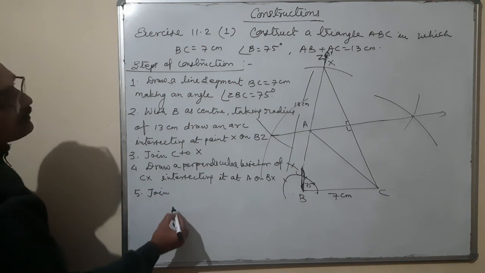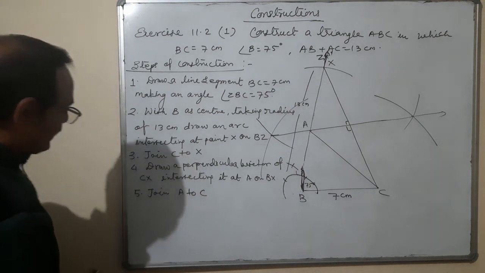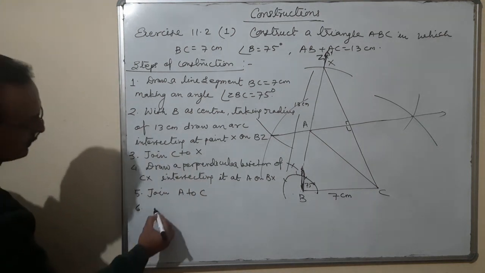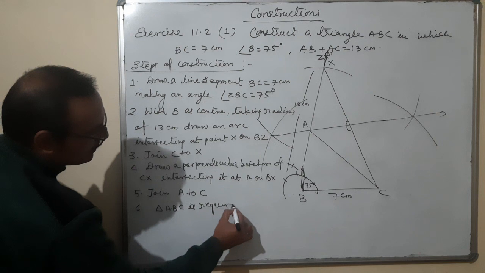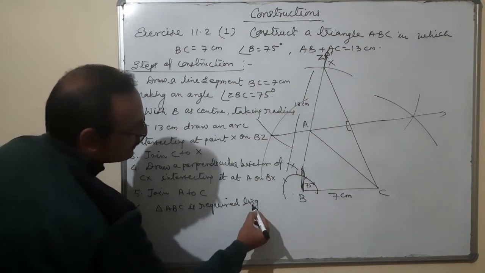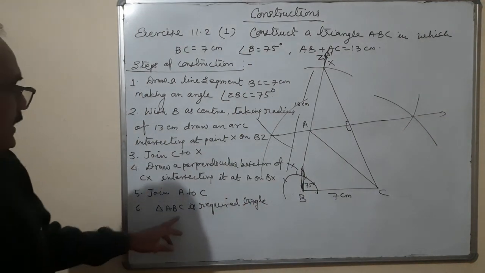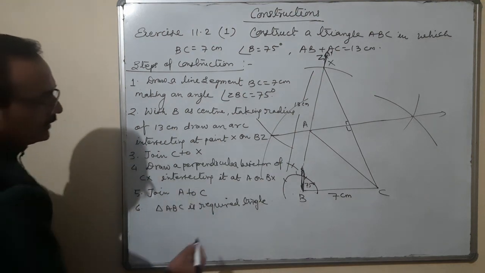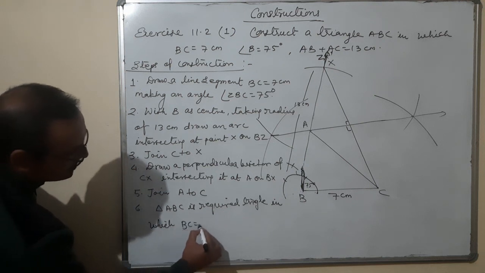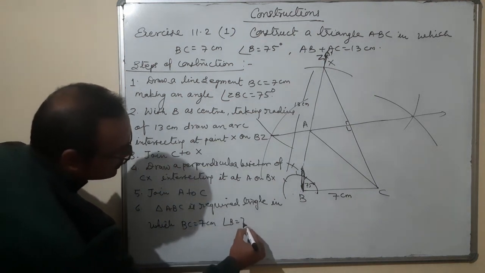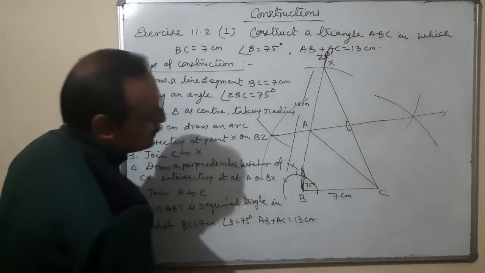Join A to C. And the last one is, therefore, triangle ABC is the required triangle in which BC is equal to 7 centimeter, angle B is equal to 75 degree, and AB plus AC is equal to 13 centimeter.